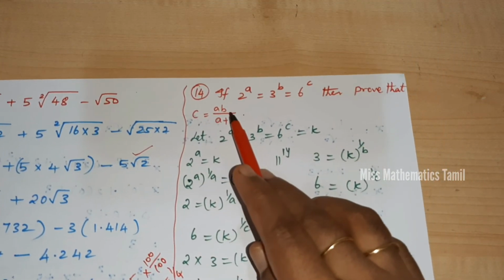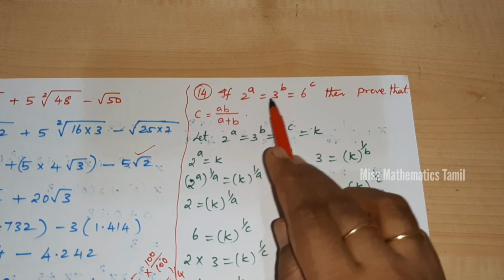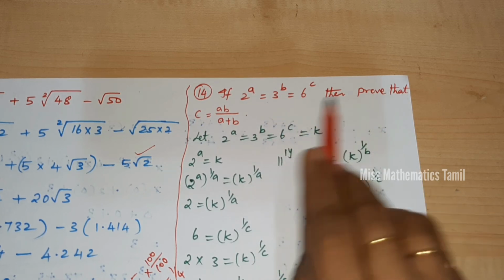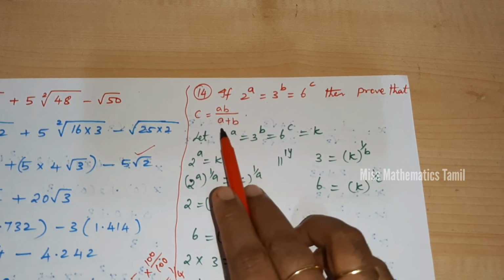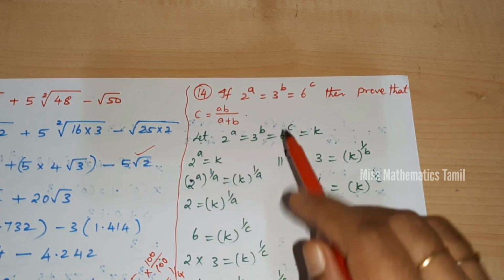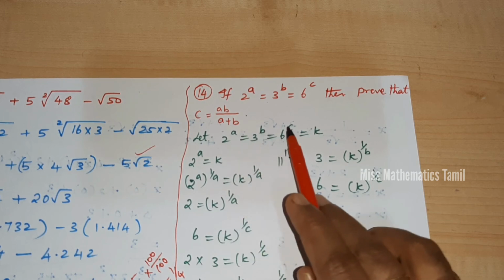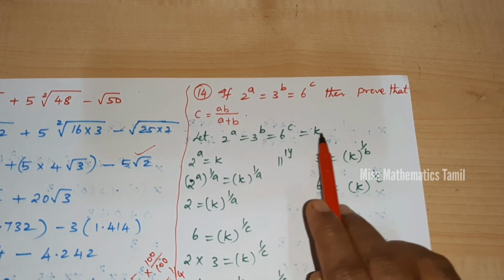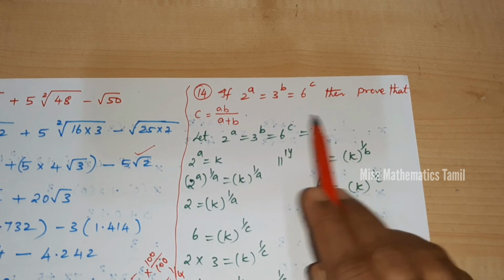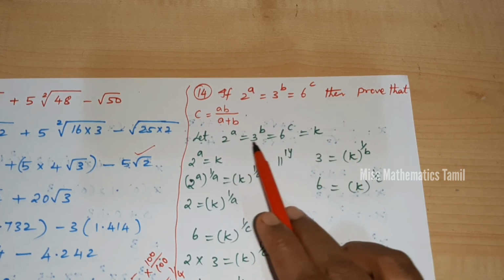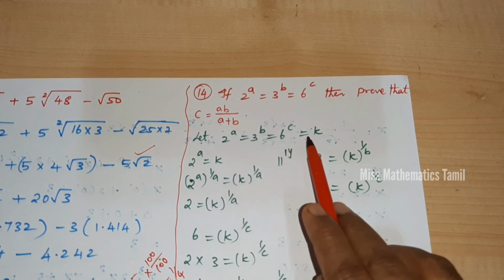14th sum. If 2 to the power of a is equal to 3 to the power of b is equal to 6 to the power of c, then prove that c is equal to ab divided by a plus b. Listen carefully. Let 2 to the power a is equal to 3 to the power b is equal to 6 to the power c is equal to k. Every term is equal to k only, because we are using the equal sign, right?